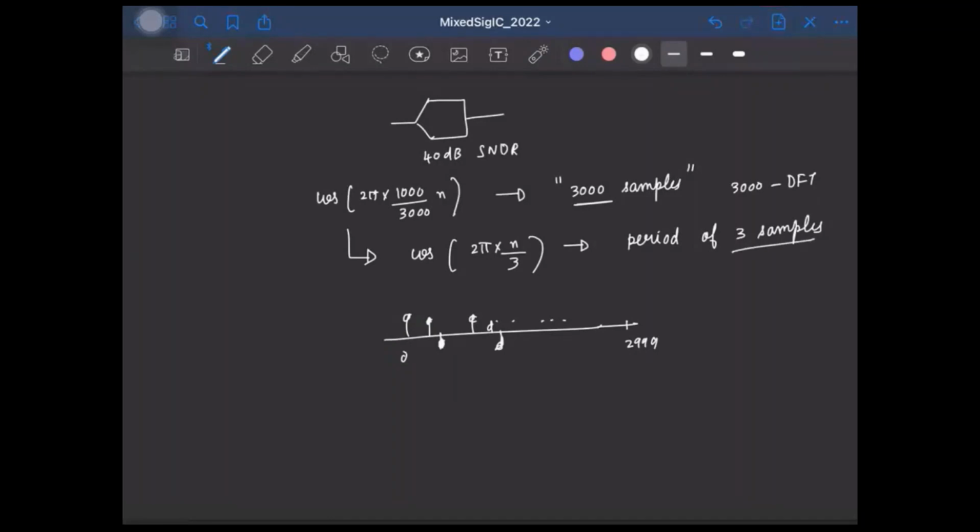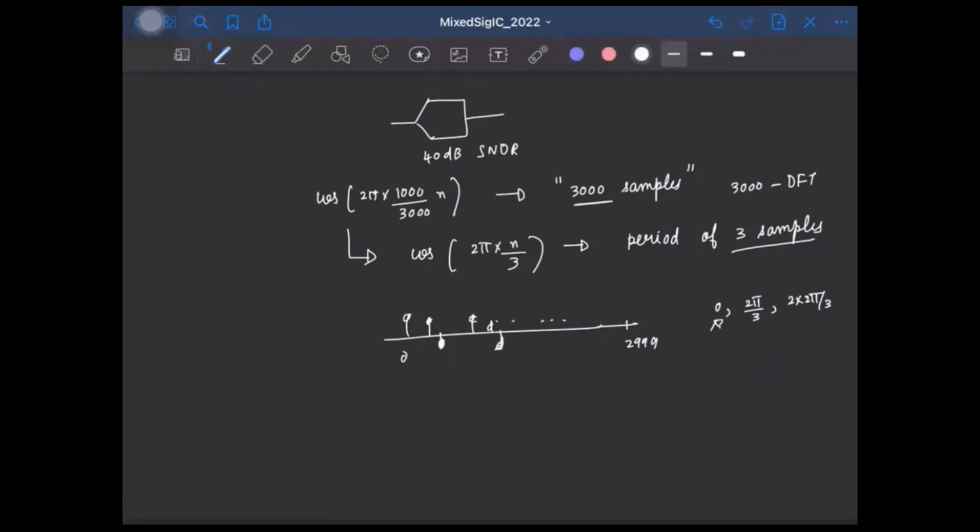And we know that if a signal is periodic with 3 samples, it has only 3 distinct frequencies, right? What are they? 0, 2 pi by 3, and 2 times 2 pi by 3, right? Because, well, if you take 3 times 2 pi by 3, it is simply 2 pi, and that's same as 0. Similarly, all other higher harmonics will simply be one of these frequencies.